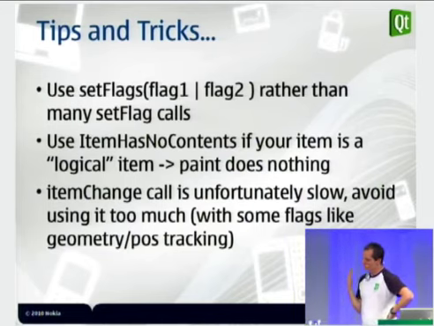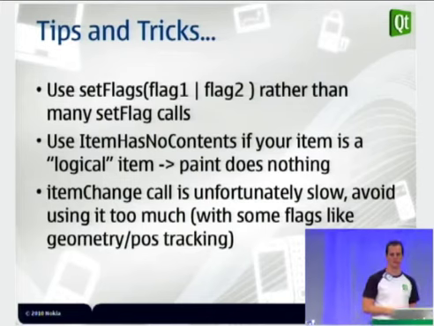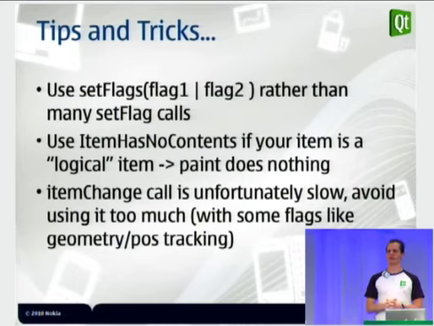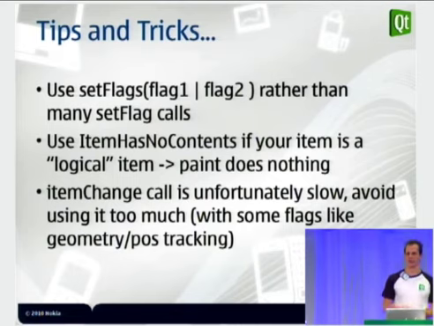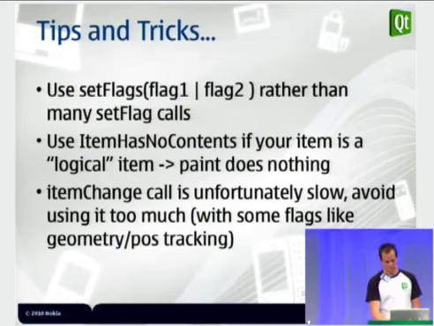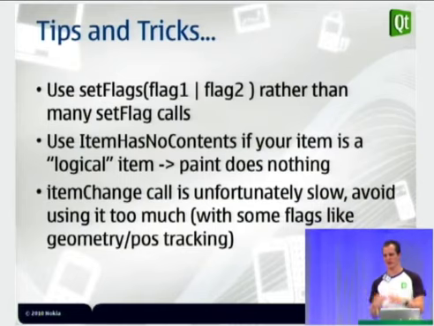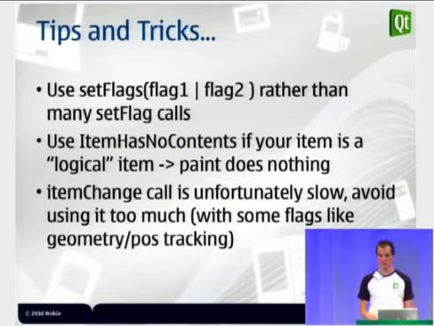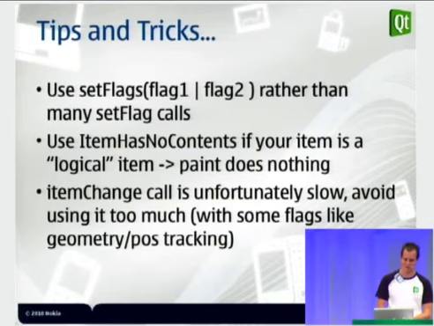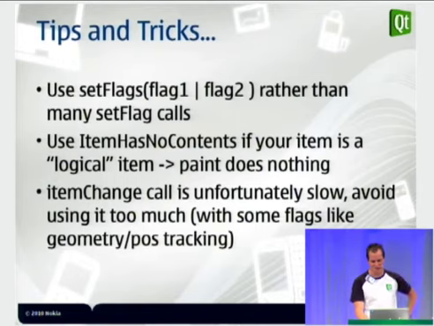So sometimes it's better that you actually do a kind of listener, and you basically react to, let's say, a call to set pos or whatever, and then by yourself actually listen to the changes that you want instead of using item change. It's a bit like in Java, you know, you listen to the item and then you actually trigger the changes by yourself instead of going through item change. It's a bit unfortunate, but that's how it is, and there is nothing you can do for now.